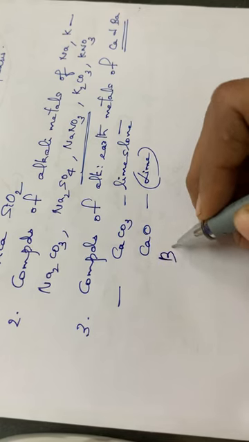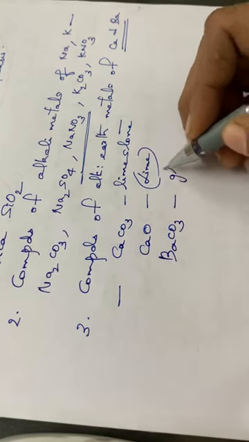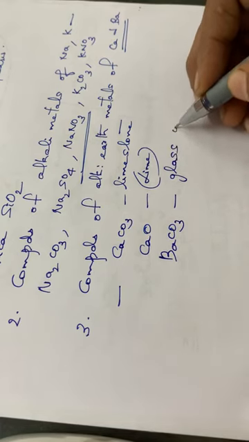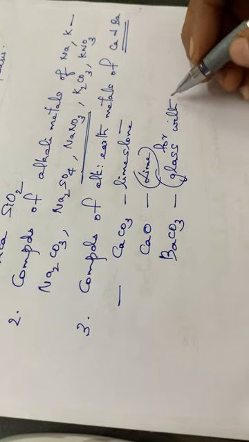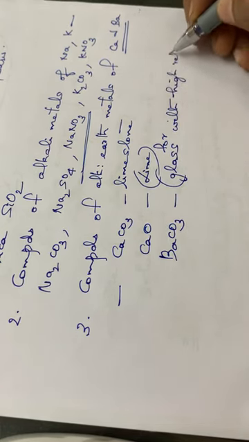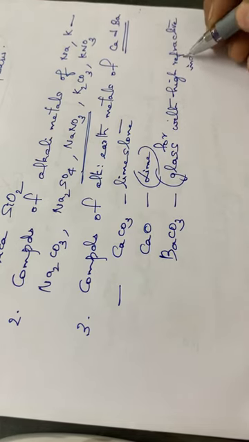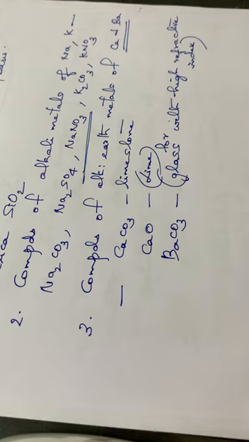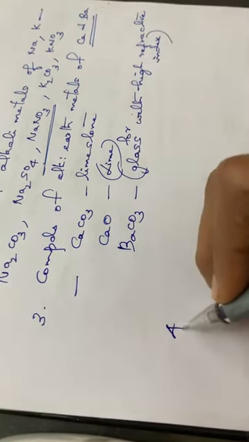Then barium carbonate, which is used for manufacturing glass with high refractive index. So that is the third raw material used, compounds of alkaline earth metals of calcium and barium.